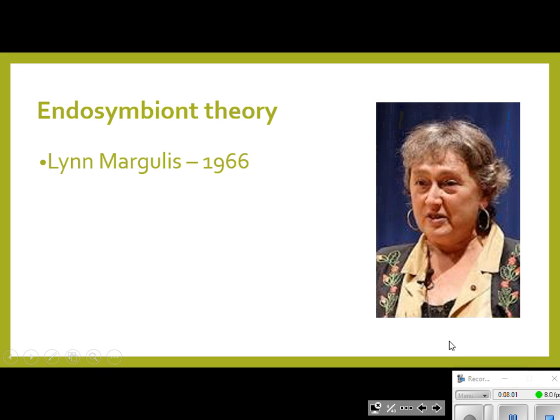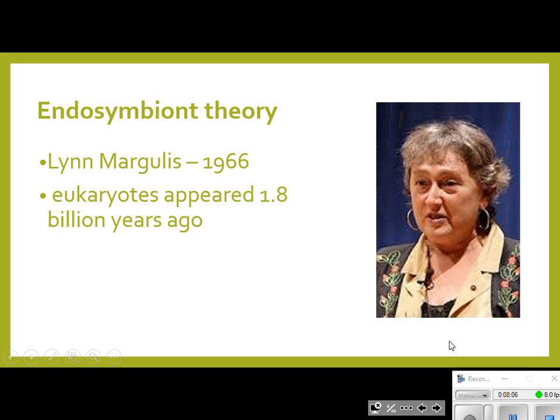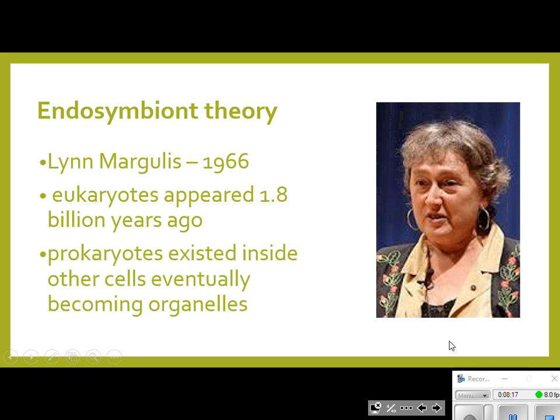And what she said is that eukaryotes appeared about 1.8 billion years ago. She said that prokaryotes existed inside of other cells, and that is what gave rise to what we talk about nowadays as organelles.